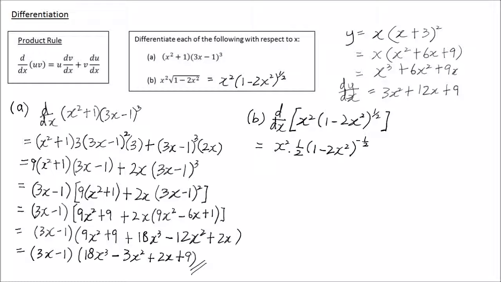Now differentiate within this bracket. The 1 will disappear. The 2 brought down will give us negative 4x.